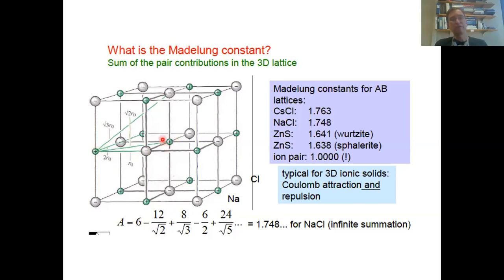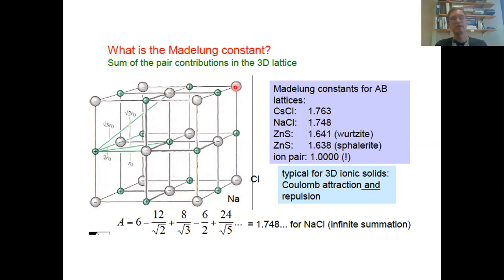So now I can next consider the interaction between this cation and the next nearest neighbors. The next nearest neighbors would be these chloride ions that sit on the corners of the unit cell. So that's overall 8, okay?